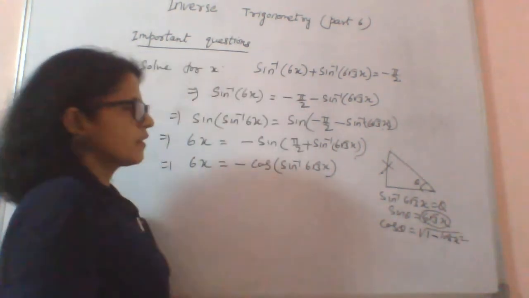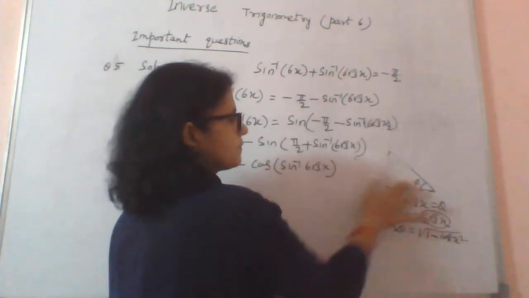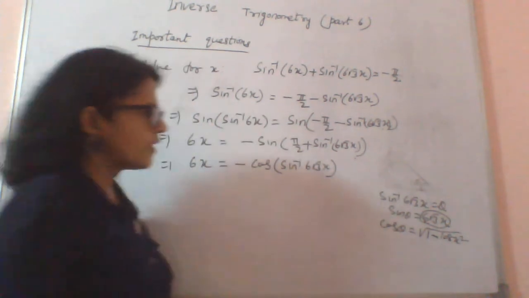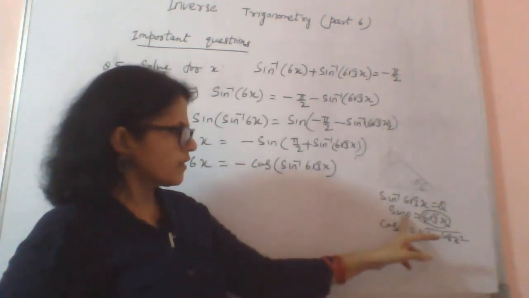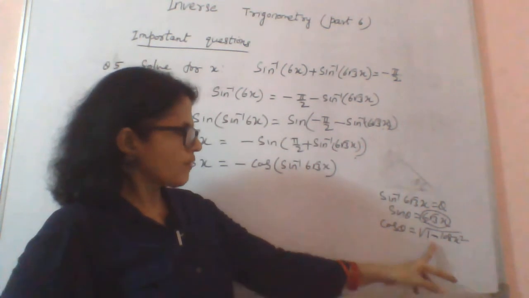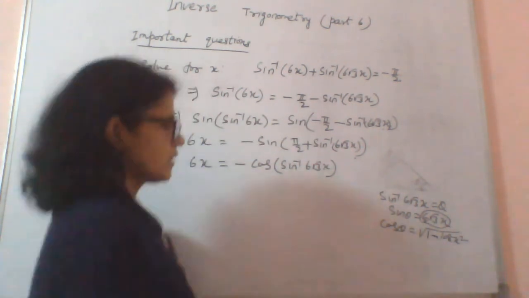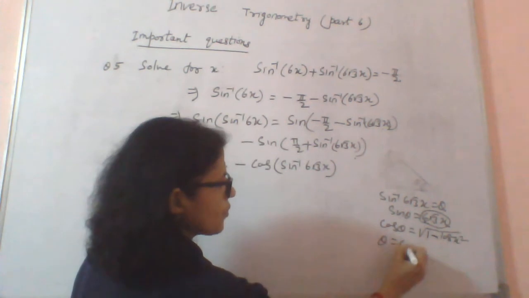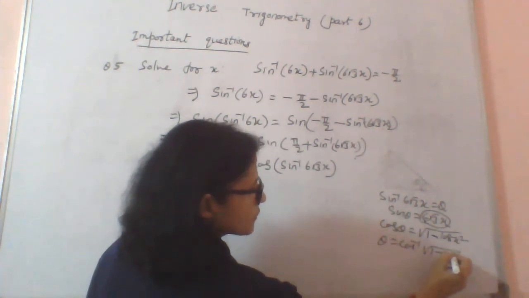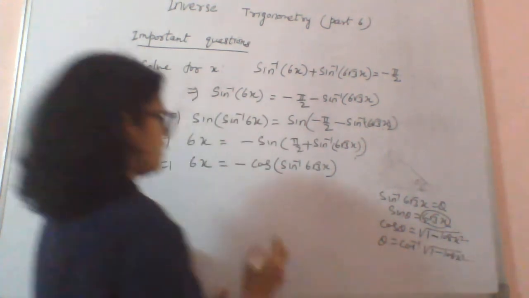So we do not need a triangle; directly we can take from the identity. So sin inverse this equal to theta, sin theta equal to this. So cos theta is under root 1 minus this. So theta equal to cos inverse under root 1 minus 108x square.